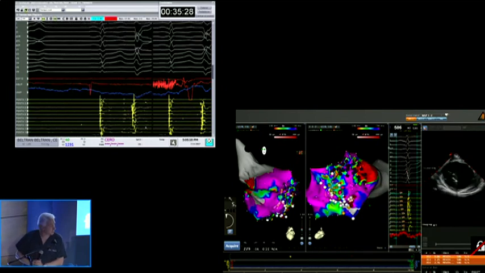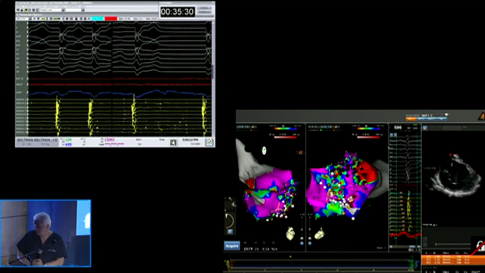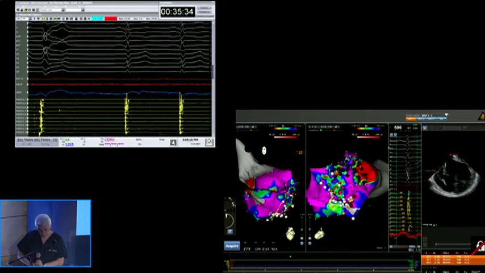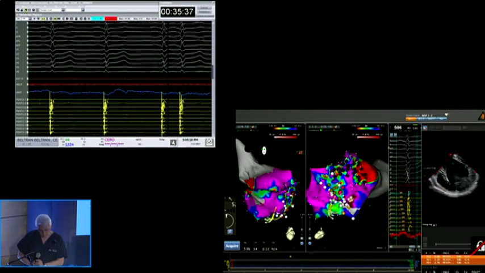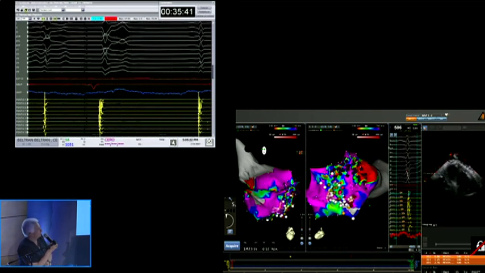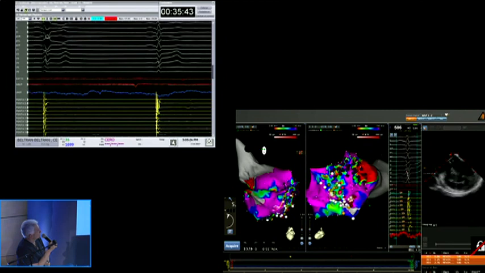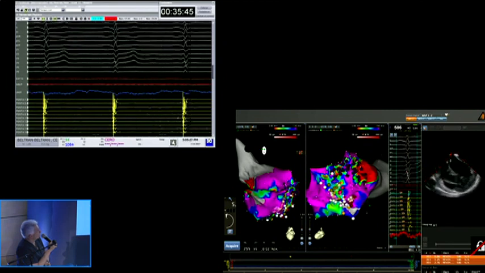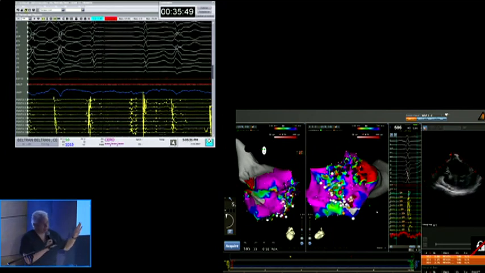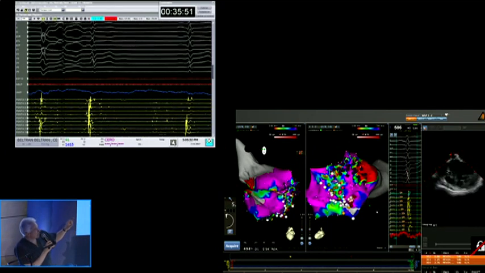Last observation, Andrea. When you are using penta-ray, the scars tend to look more patchy, maybe, because of the extrapolation of the information; the resolution is higher. So you have to be careful, because here you have some abnormal area with high voltage.